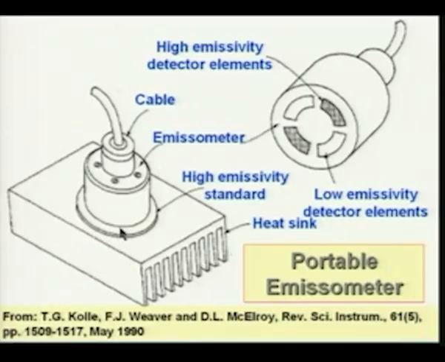I have taken this sketch from the paper by Cole, Weaver and McElroy in Review of Scientific Instruments, which appeared in 1990. What it consists of essentially is an emissometer. This is the emissometer, and it is placed on a heat sink, and the sample whose emissivity I want to measure must be placed on the heat sink, so that the temperature of the sample remains close to the temperature of the ambient.